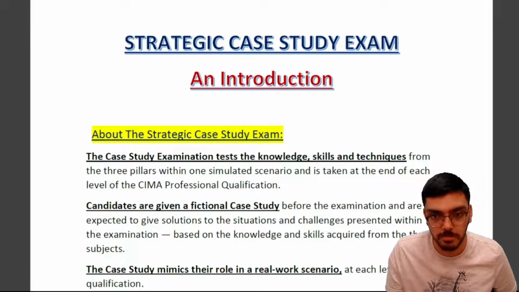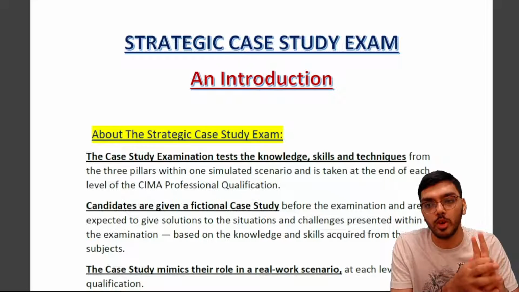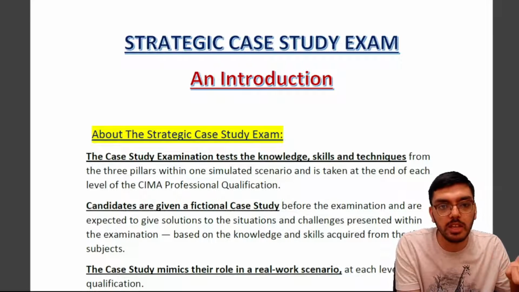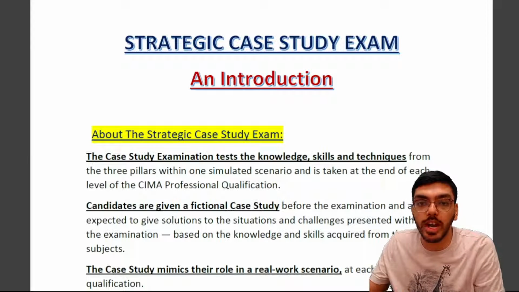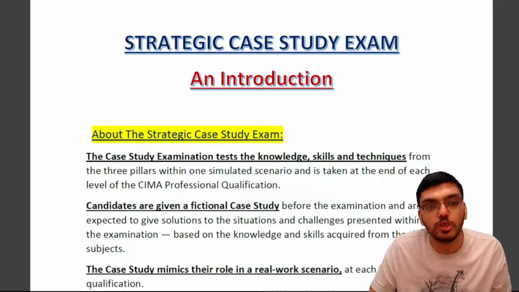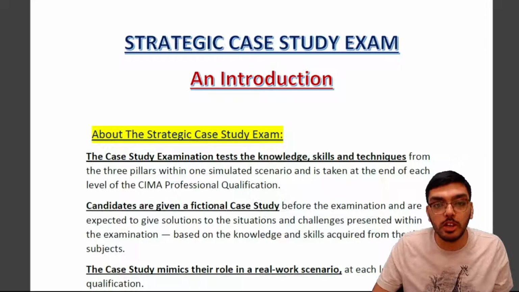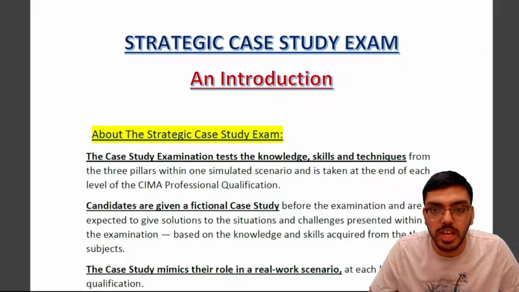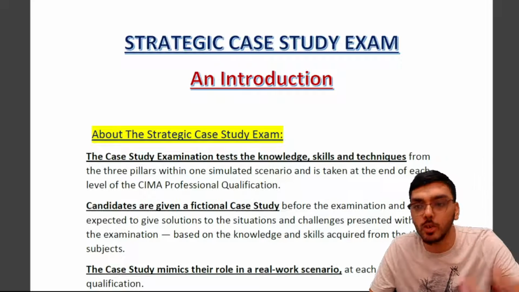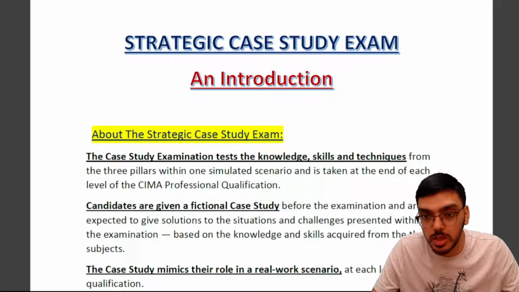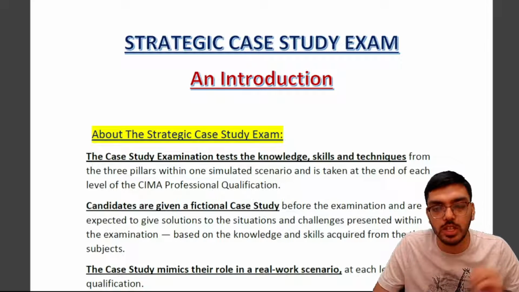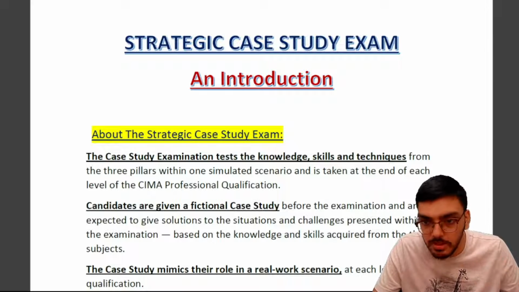If you don't have knowledge of E3, P3 and F3, how will you apply it to a case study situation and how will you write a good answer? So the first thing to remember is that the base for this exam is E3, P3 and F3.